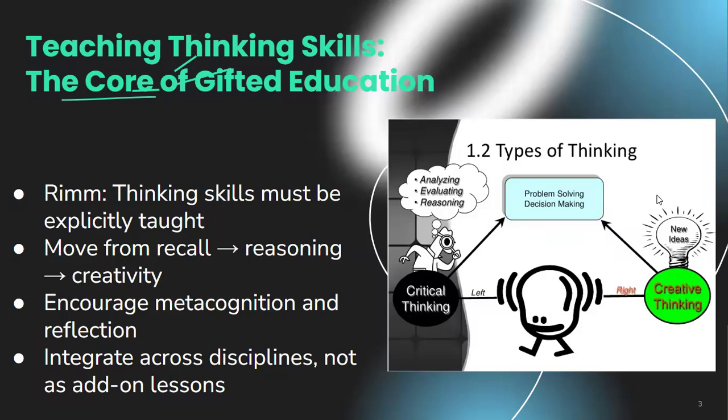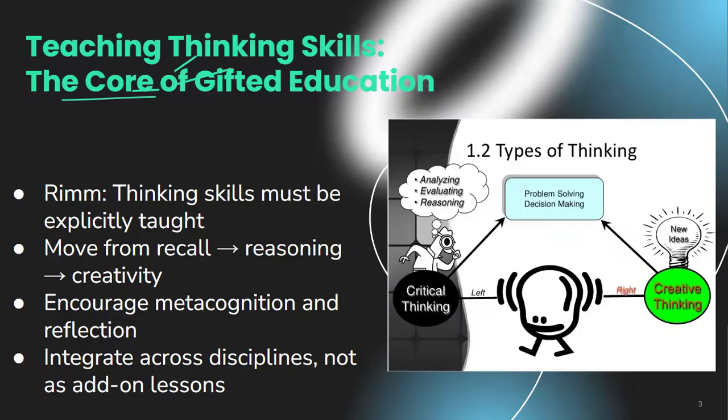Rimm emphasizes that gifted education is not about faster pacing. It's about deeper thinking. That entire work argues that critical and creative thinking skills need to be systematically taught and embedded in the curriculum. That means moving beyond rote recall to reasoning, analysis, synthesis, and evaluation.